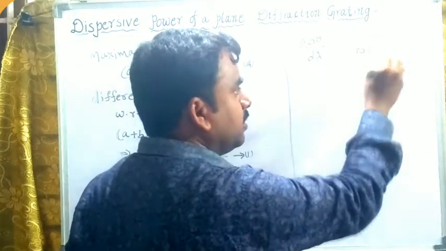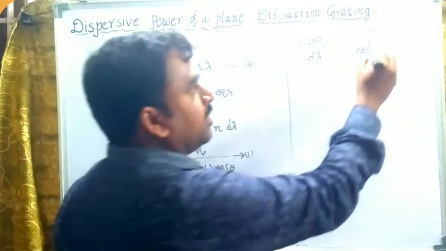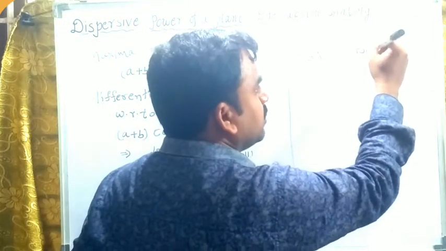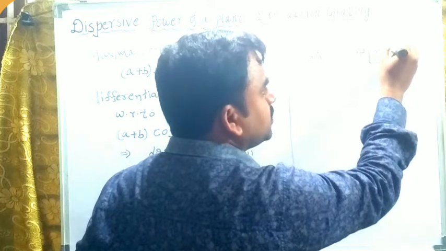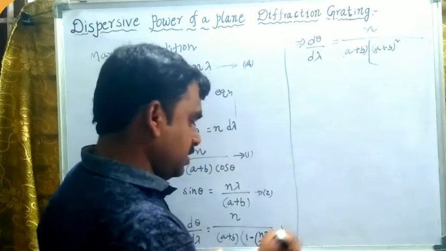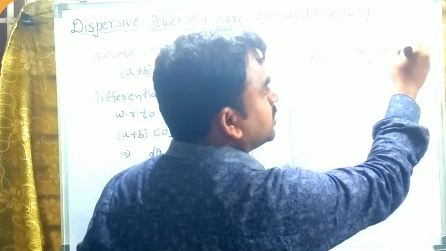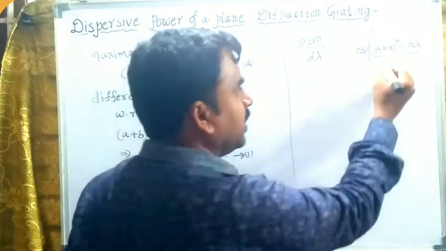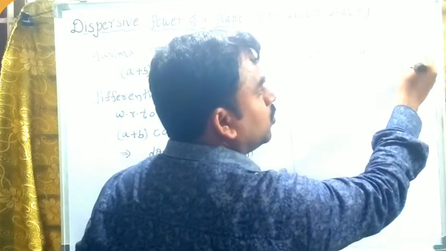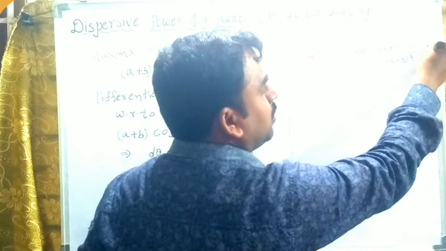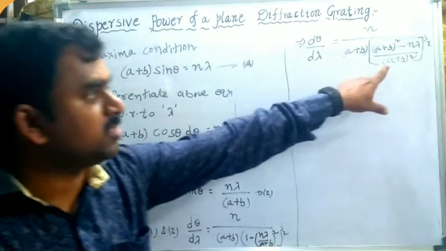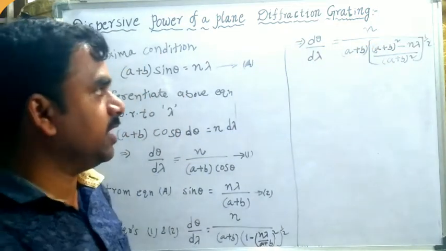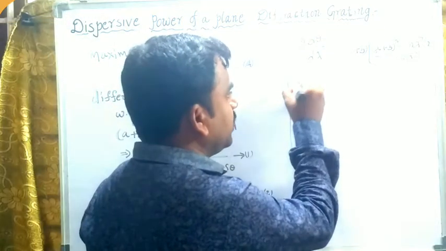And here if I take the LCM, we get (a plus b) whole square minus n lambda by (a plus b) whole square, whole power of 1 by 2. Suppose if this (a plus b) whole square whole power came outside, it will become (a plus b), or not? Yeah.